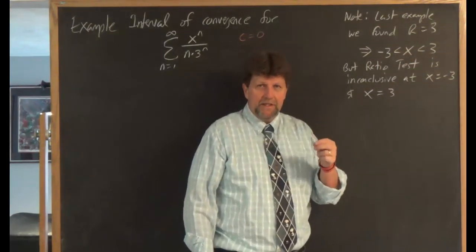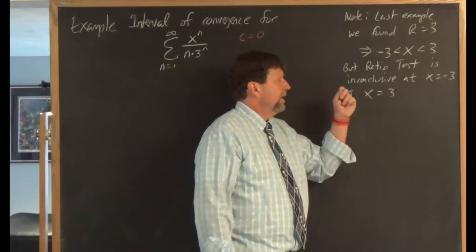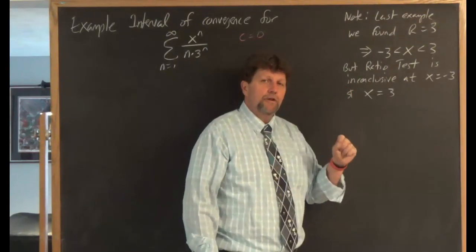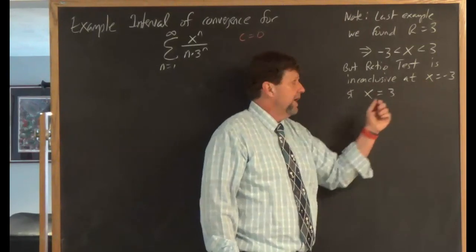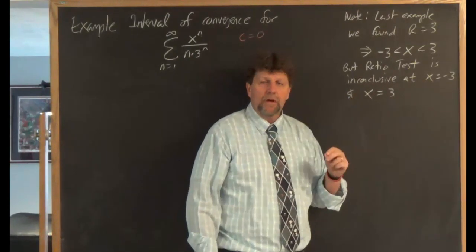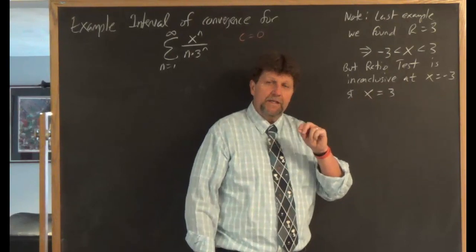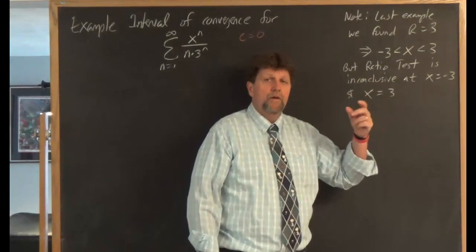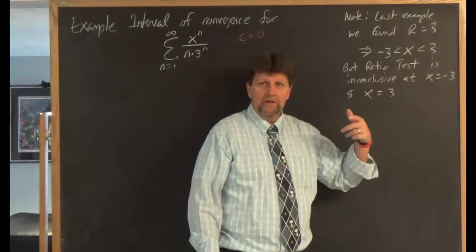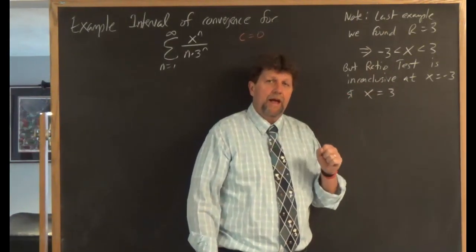But as we just discussed, the ratio test is inconclusive at the endpoints. It's inconclusive at x equals -3 and at x equals 3, because at -3 and at 3, that p, which is defined from the ratio test, ends up being a value of 1.